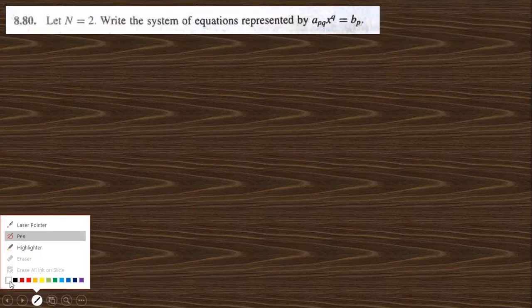This question says that let n equals 2, write down the equation represented by this. So you need to write two terms. Clear?